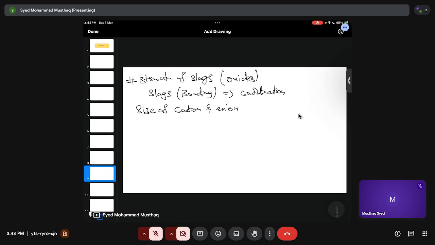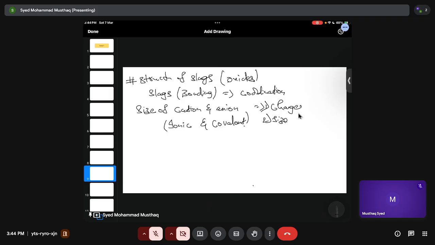right? So again, if I am talking about cation and anion, they can form an ionic bond, and also they can form a covalent bond. If I am talking about cation and anion, then I am also talking about the charge, right? Charge is important. The size is also important. What is the size of the cation? What is the size of the anion? Okay.